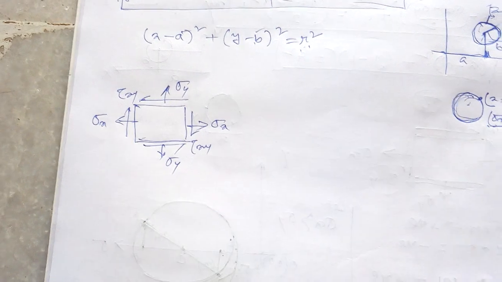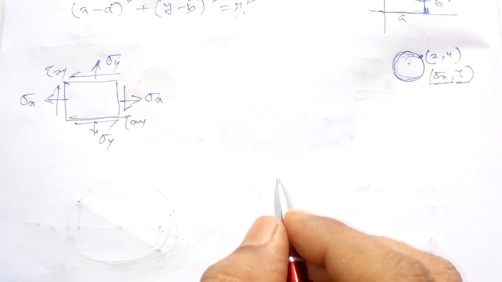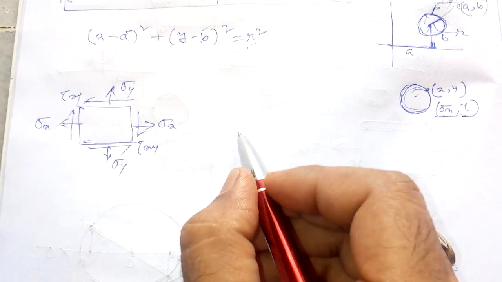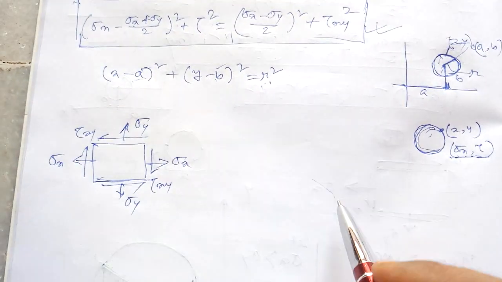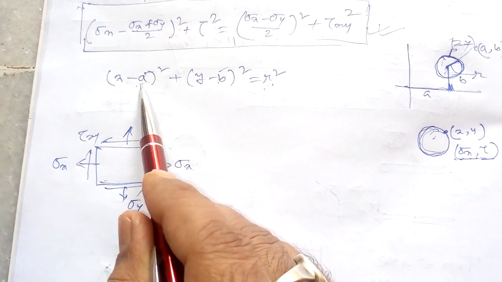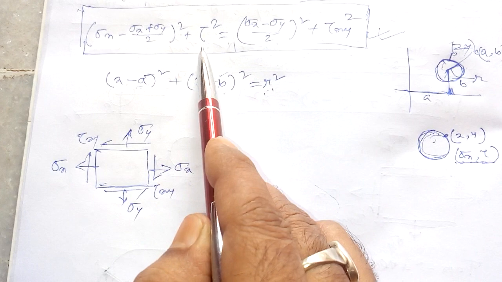For this case, how can we draw the circle, right? Now what will be our coordinate of the circle? Coordinate will be a and b. That means this and 0, right?